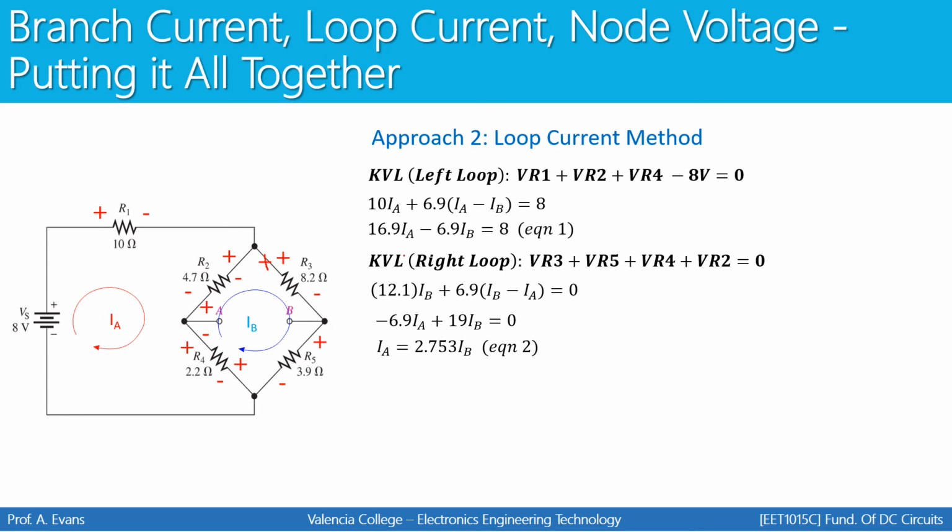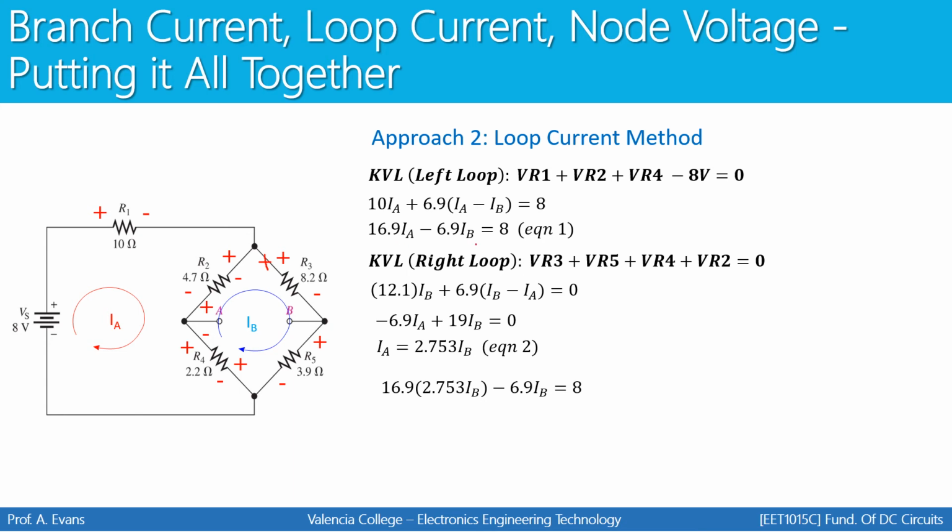Now we're going to take these two equations and use algebra to find IA and IB. You can use a matrix, or you can use the fact that IA is already written in terms of IB. We can take IA and plug this value into equation 1, and then we can solve that for IB. So we're going to do that right here.